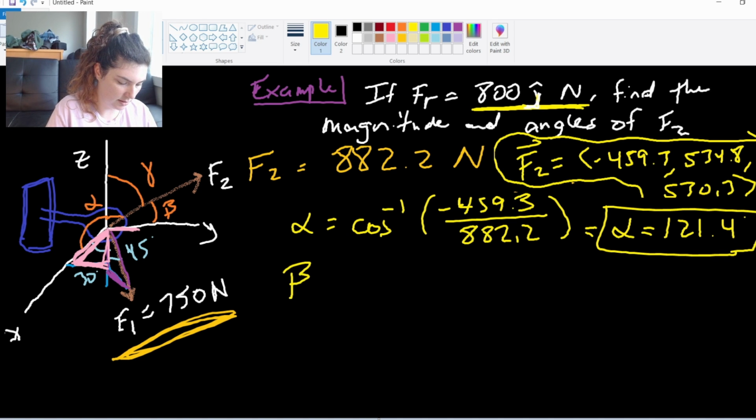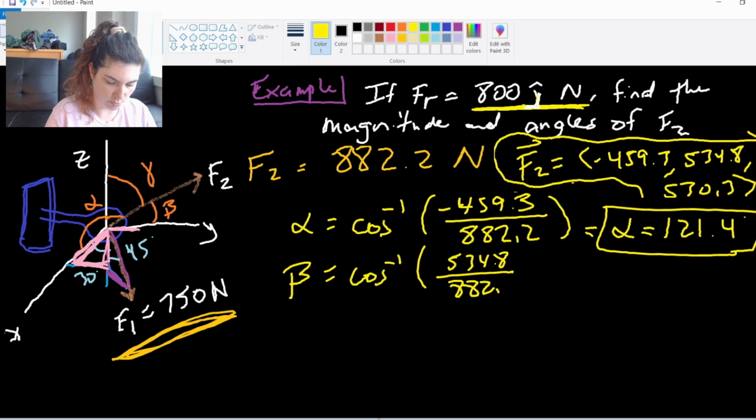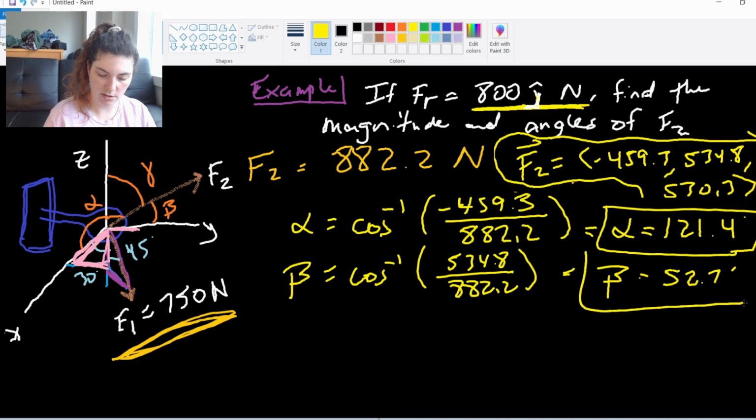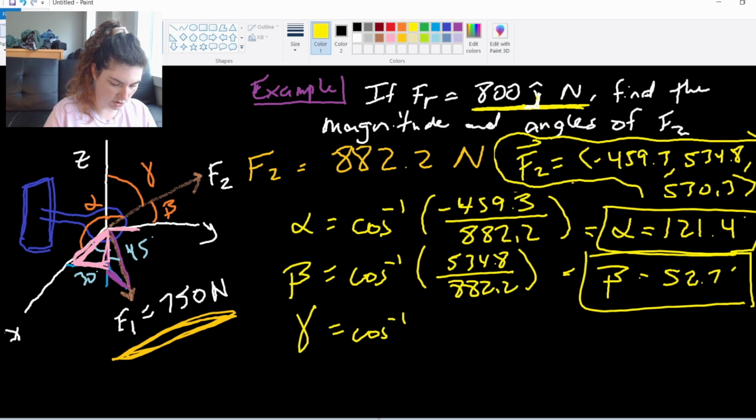Easy. Our beta angle, same process, now with the y. 534.8 over 882.2. Bam, there's beta. Plug that into a calculator. That is 52.7 degrees. And then our last one is gamma, which is our z component angle here.